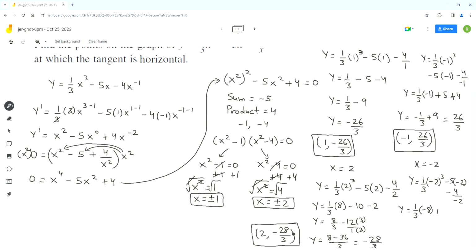And then we get plus 10 plus 2, since negative 5 times negative 2 is positive 10. So we get y equals negative 8 over 3 plus 12, so y equals 28 over 3. So the last point is negative 2, 28 over 3. So these are the 4 points at which the tangent is horizontal.